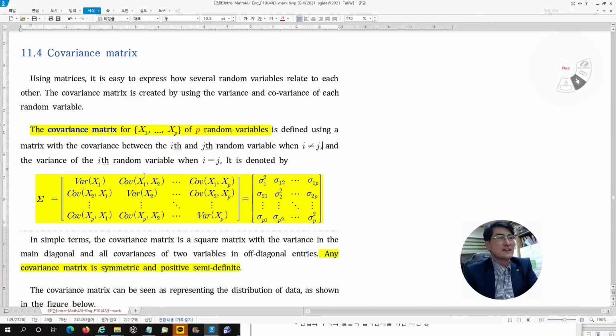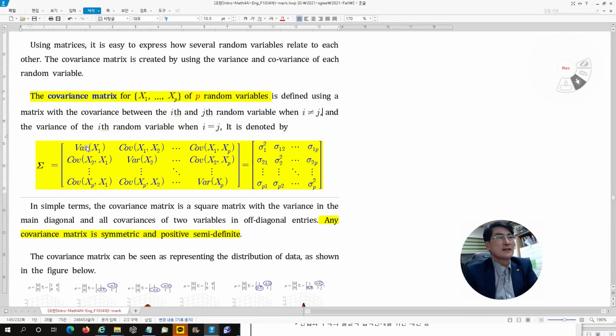Here the off-diagonal entries are covariances: sigma 1 2, sigma 1 p, sigma 2 1, sigma p 1, and the main diagonal entries are the variances of each variable x1, x2, and xp.